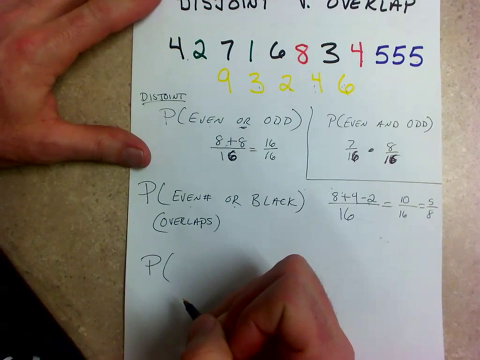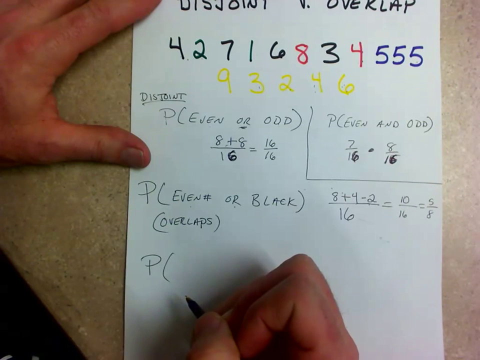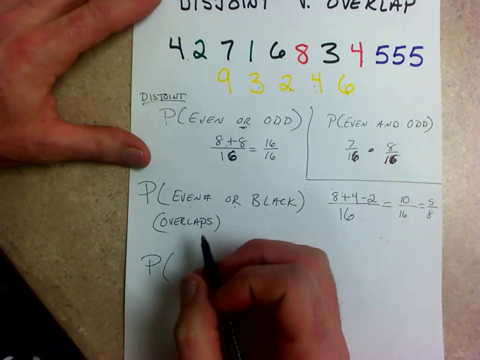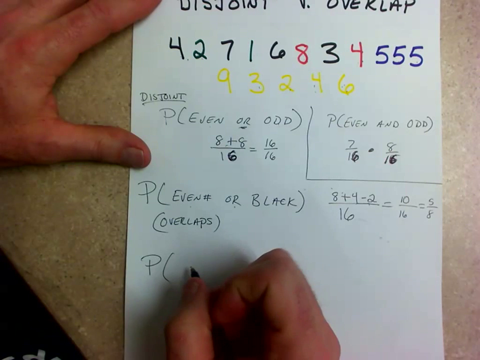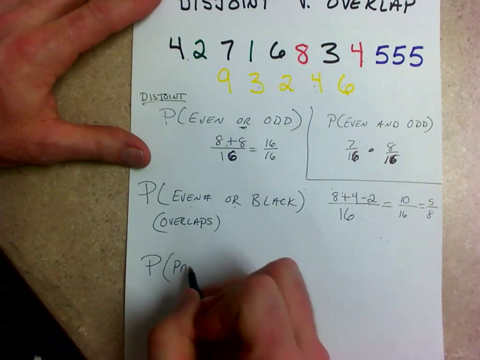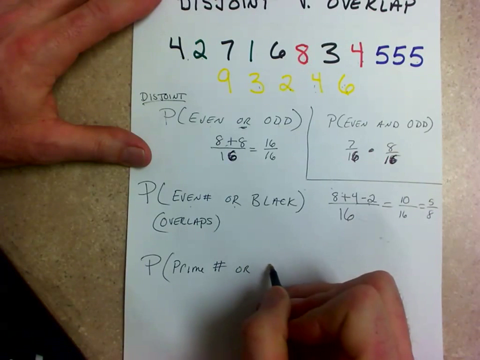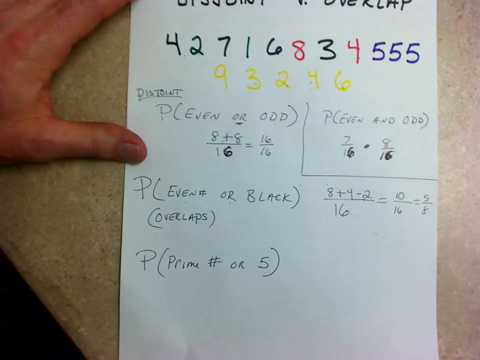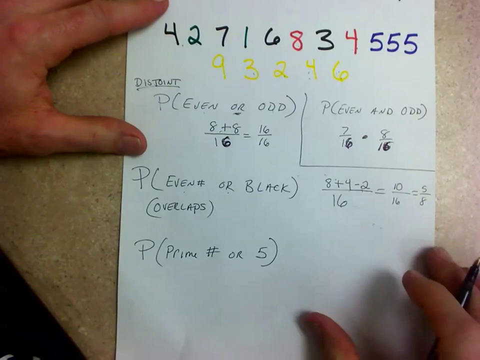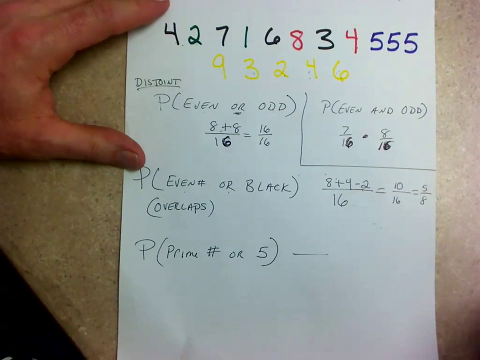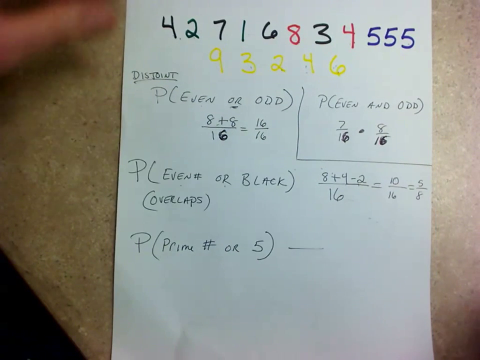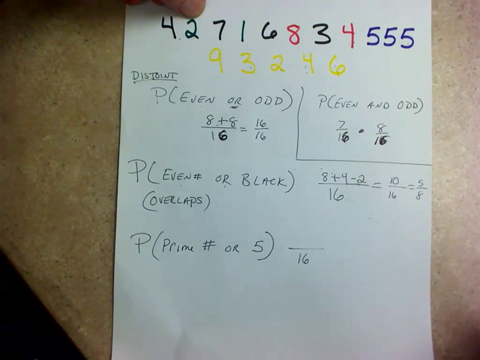Let's see if we can throw another overlap at you here. What would be the chances that we pick a prime number or a 5? What's the chances we pick a prime number or a 5? So prime numbers, we know we got 16 total.